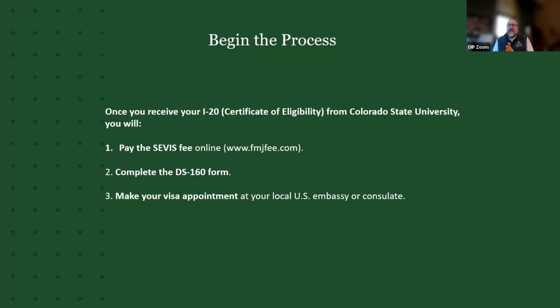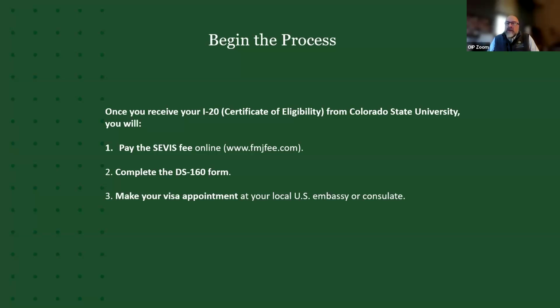The SEVIS fee is charged by the U.S. government. It's different from your visa application fee, and your SEVIS ID number is listed on your I-20. You'll need to use that ID number to pay the fee. So make sure you write your name exactly as it appears on your I-20. When you complete the DS-160 form, you need to write your name exactly as it appears on your I-20.